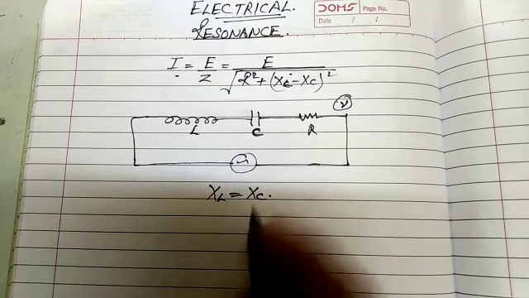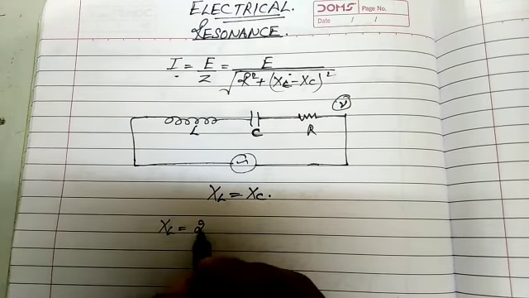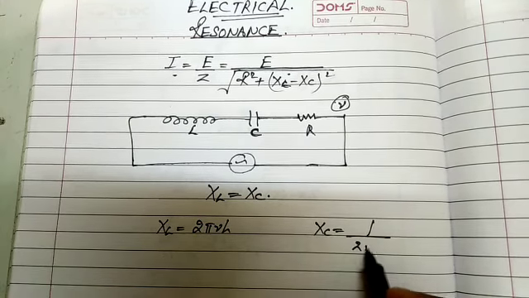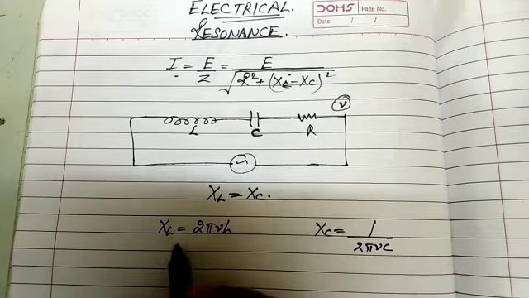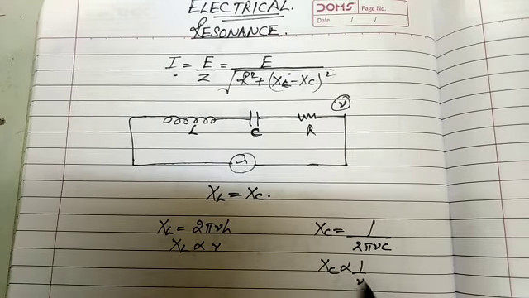If we write XL is equal to 2 pi nu L and XC is equal to 1 upon 2 pi nu C, here XL is directly proportional to nu, and XC is inversely proportional to nu.